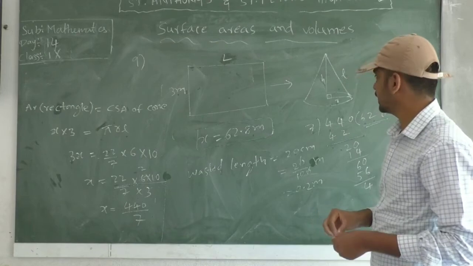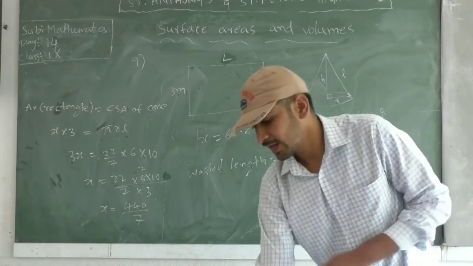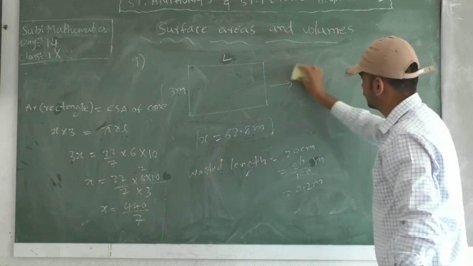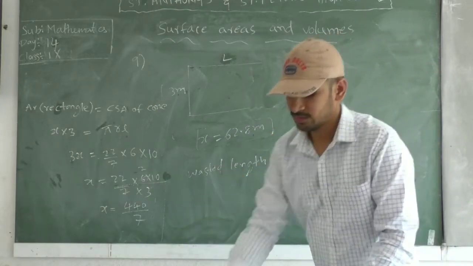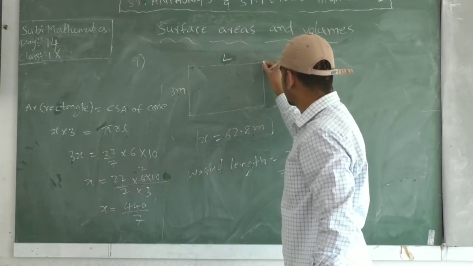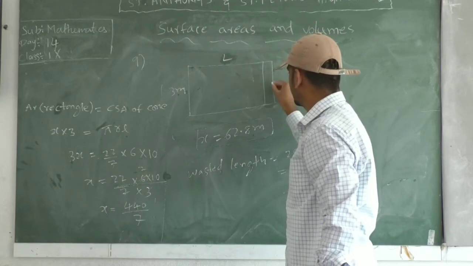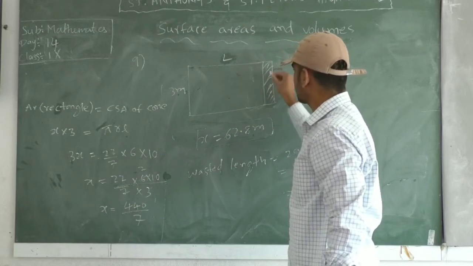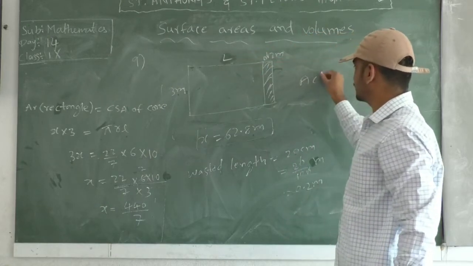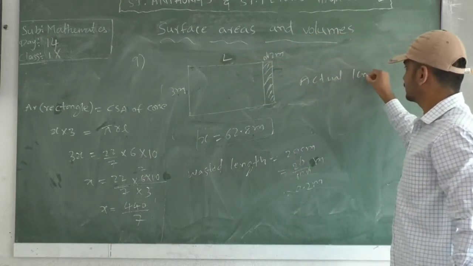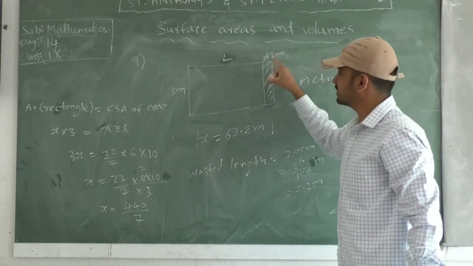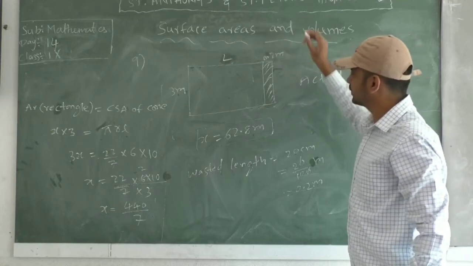This 0.2 meters is wasted. So the actual length equals L plus 0.2.